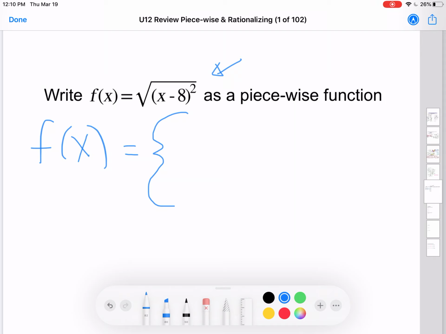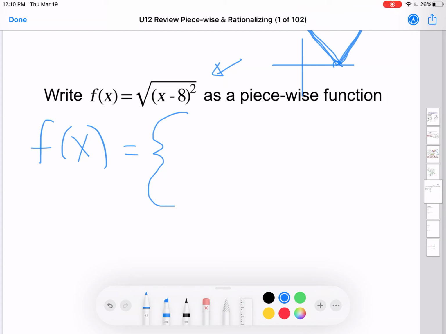So this really is taking the line y equals x and moving it horizontally to the right 8. So it's going to get moved all the way over here to the right 8. But then I also want to have the negation of that line, which will go this way. So all we're going to do is write the piecewise function as the equation of both of those lines.